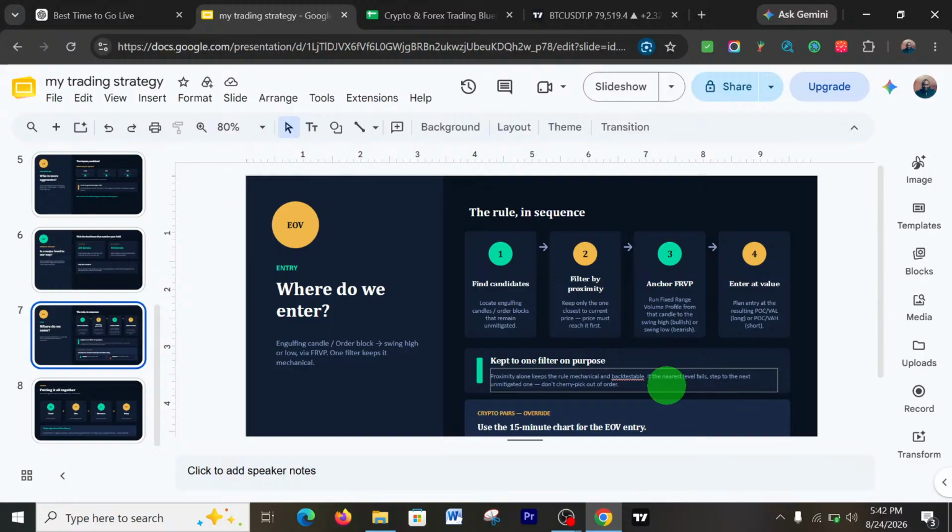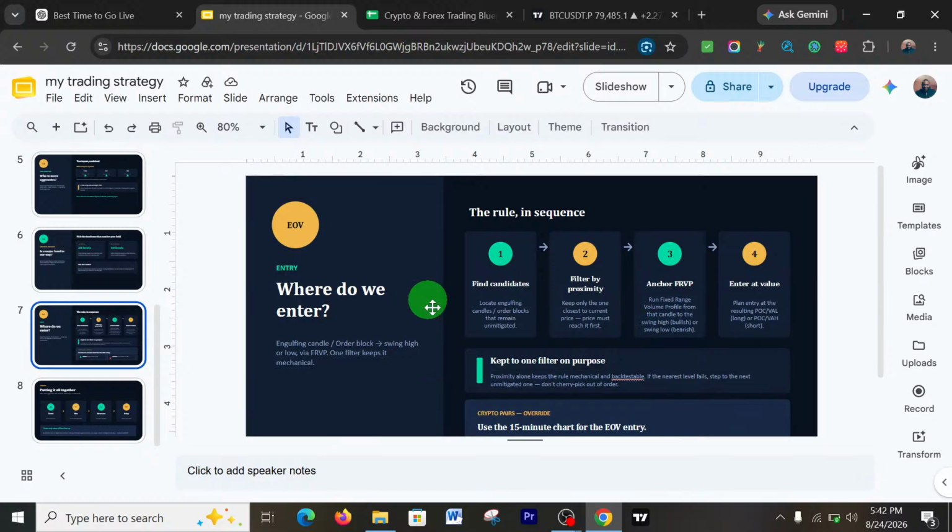Everything is mechanically based. It follows a defined pattern that you can just look at and implement without having to think about it. No subjectivity in this strategy. Everything is mechanically based, using defined rules.